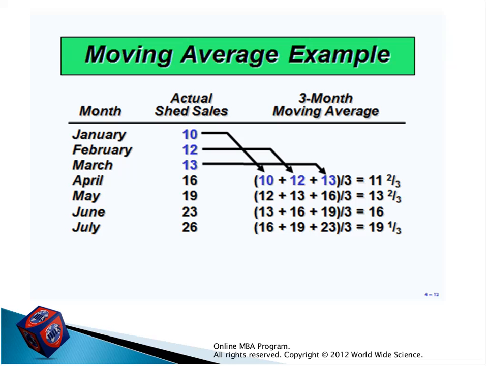It's nearly 12. 11 2/3 means 12, because we should round this number. When we round it, we can tell it's nearly 12. Okay? So, operation managers forecast for April 12 units for their demand.